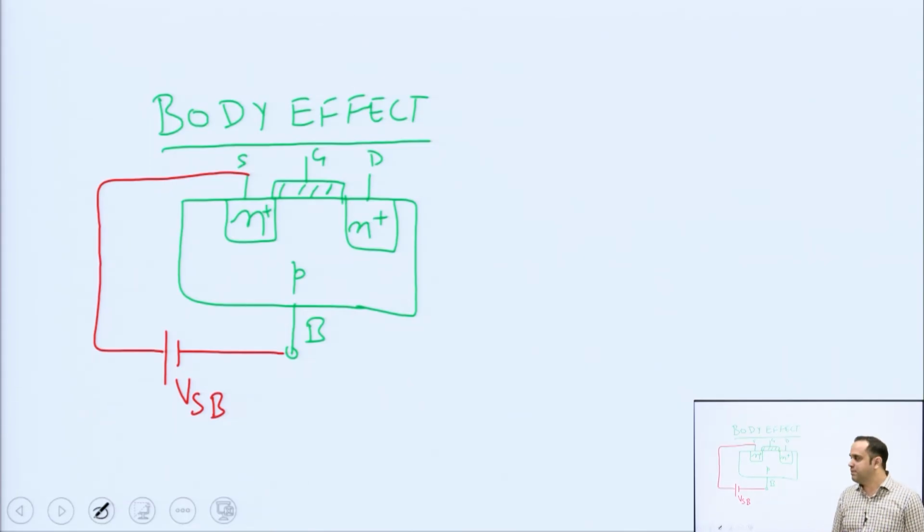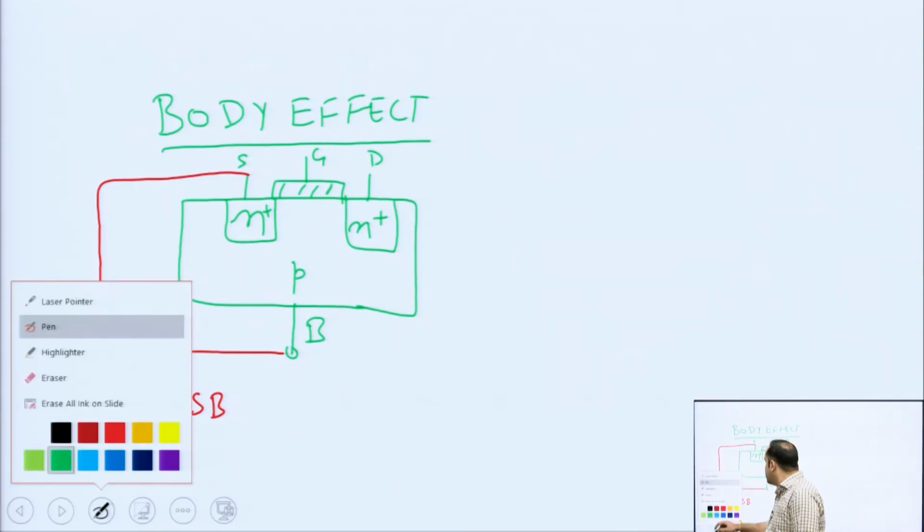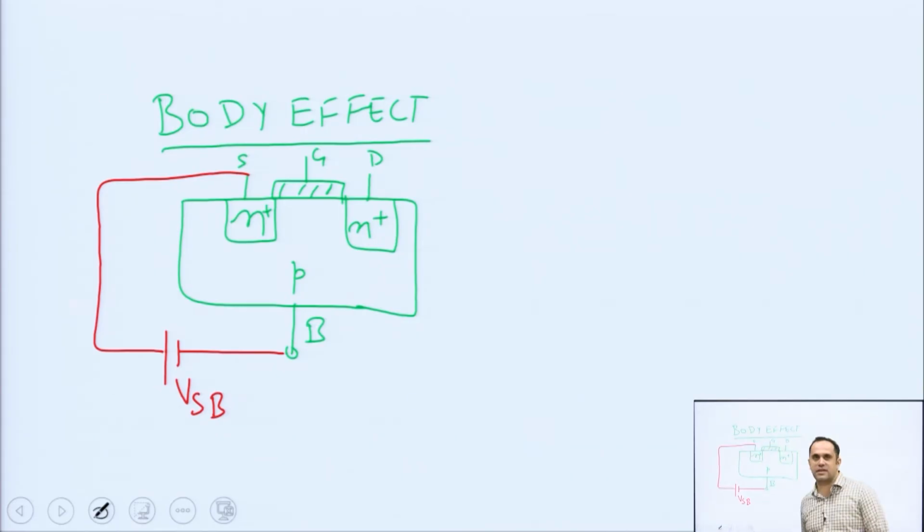This negative polarity on the body, or on the substrate, is going to attract a lot of holes towards it. The P type substrate has a lot of holes in majority. What it leaves behind is some negative acceptor ions.